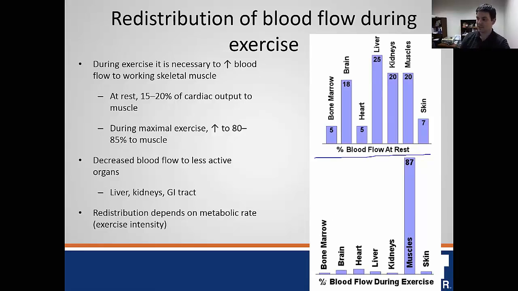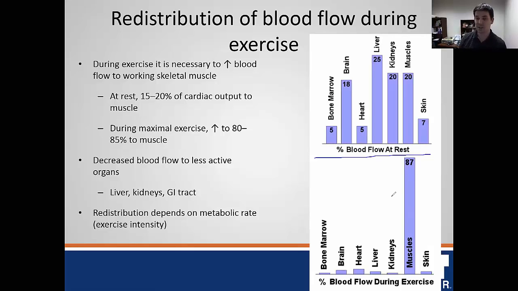As we start to exercise, what happens is we shift most of this blood from our non-necessary regions, like our liver and our kidneys, and we send as much blood flow as we can. So at rest, anywhere between 15 to 20% of cardiac output goes to skeletal muscle. During maximal exercise, it can be 85.